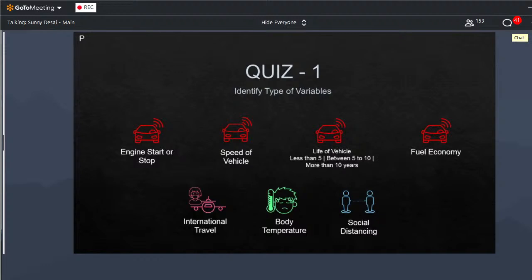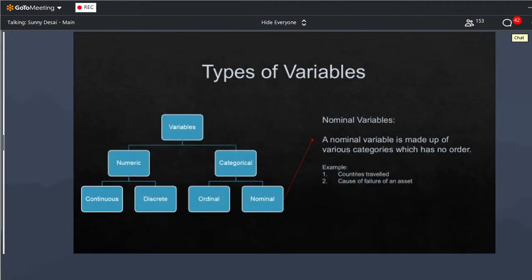Now let's go to the second question, which is speed of vehicle. Assume that you are driving your car and I am measuring its speed. Your speed is say 30 kilometers per hour, 40 kilometers per hour, 40.5 kilometers per hour, or 50 kilometers per hour.